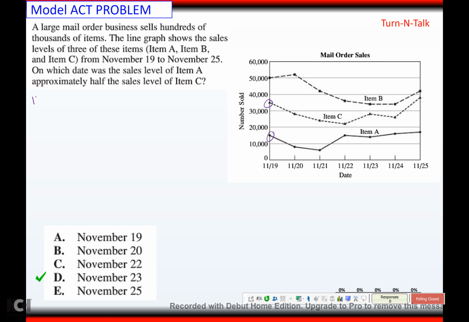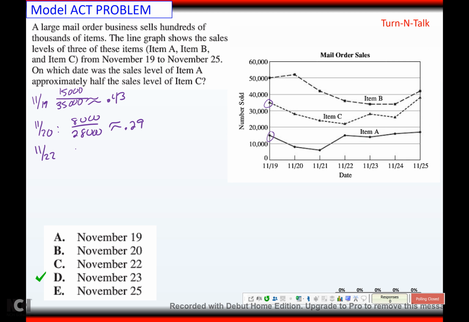So for 11/19, A had approximately 15,000, C had approximately 35,000. That's approximately 0.43. On the 20th, A was approximately 8,000, C was approximately 28,000, which is approximately 0.29. And I'm trying to get to 0.5.